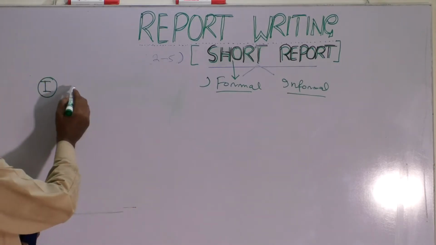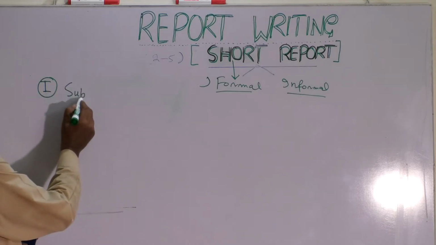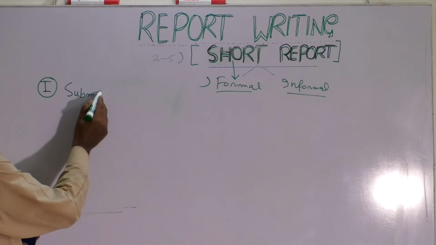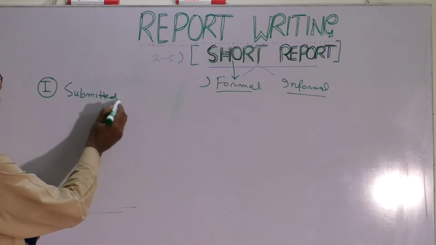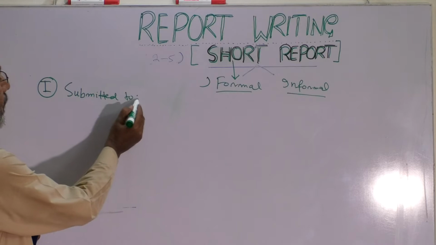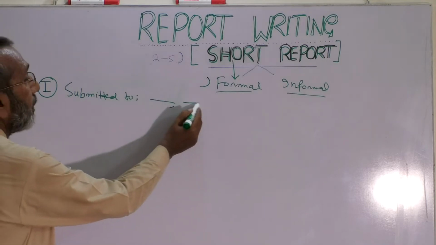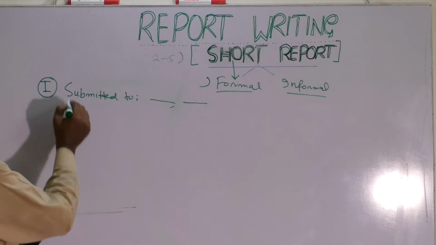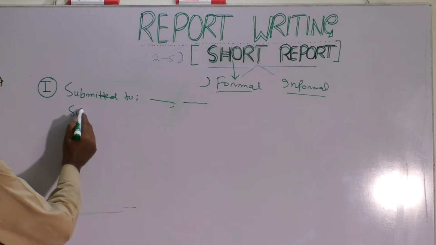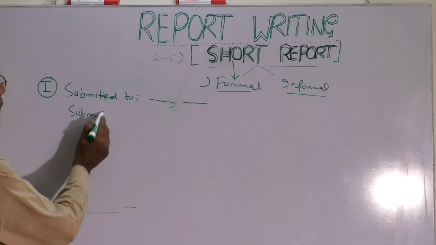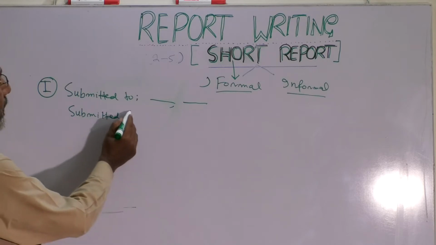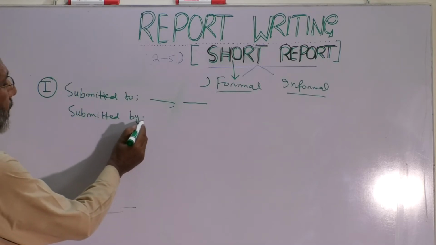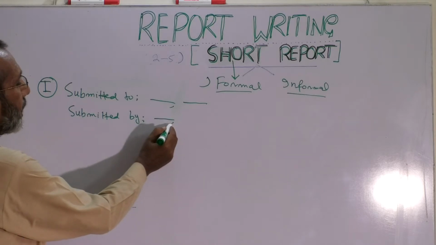The first thing, as we did discuss in case of long report, is submitted to. This was the stuff of the title page, if you can recall. Then submitted by, followed by the name of that person and designation.